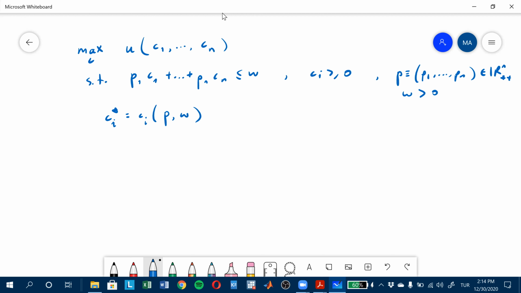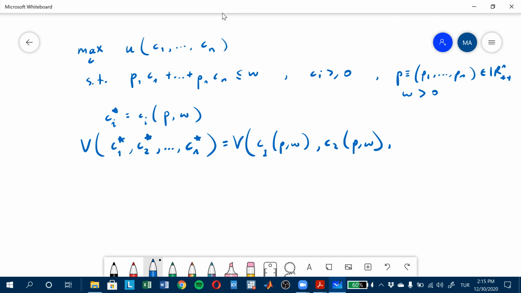Then you write the indirect utility function, right? So the indirect utility function is written in this way. So it is u of C1 star, C2 star, dot, dot, dot, Cn star, so it is u of C1 of p and w, C2 of p and w, up to Cn of p and w, okay?